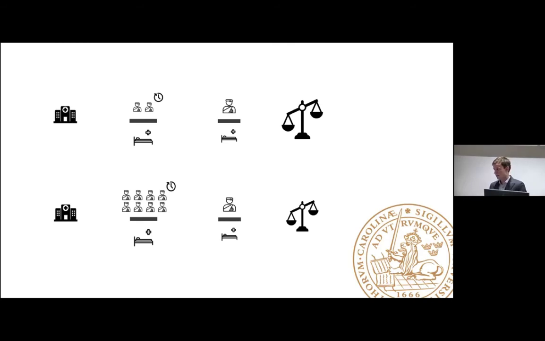They will rate the same occupancy rate as lower workload, even when adjusting for other factors that may influence the workload. And when you think it through, it has some face validity.